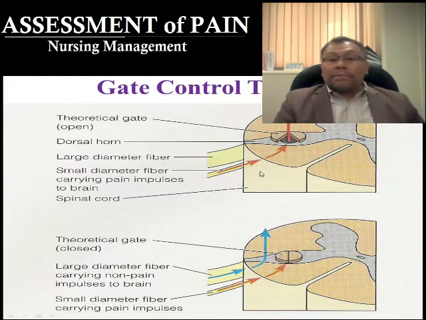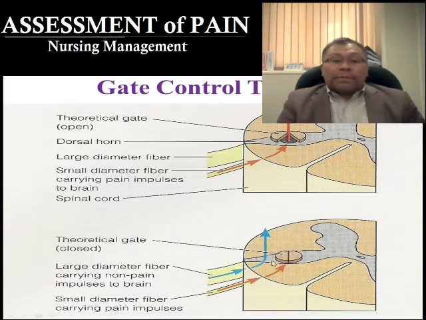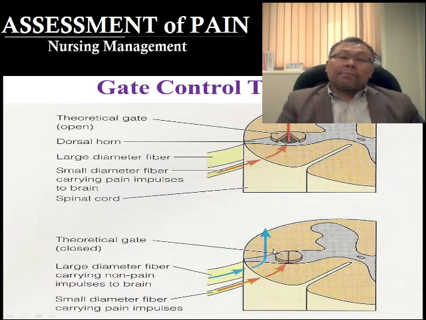And then we have the spinal cord. So if we are going to close the theoretical gate, we have the large diameter fiber carrying non-pain impulses to the brain, and then we have the small diameter fiber carrying the pain impulses. So this is the schematic diagram of the gate theory of pain.